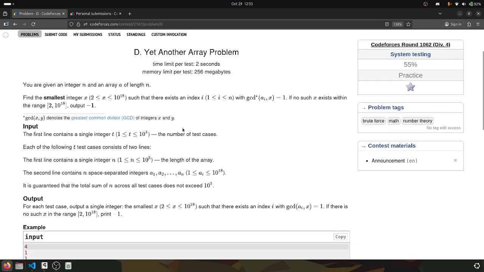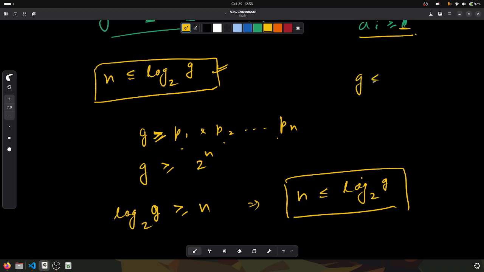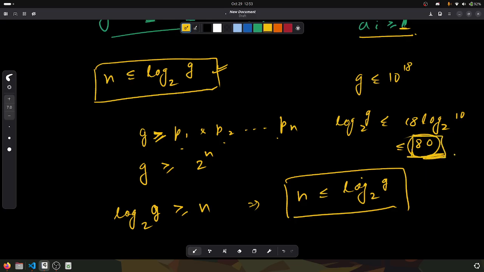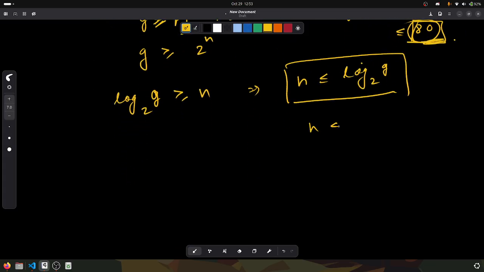Since in the question we are given numbers till 10 to the power 18, G will be less than or equal to 10 to the power 18, and log G base 2 will be less than or equal to 18 log 10 base 2, which is somewhere around 4, so which is less than 80. This is a very rough approximation, but yep, this number is less than 80. So n will be less than 80.